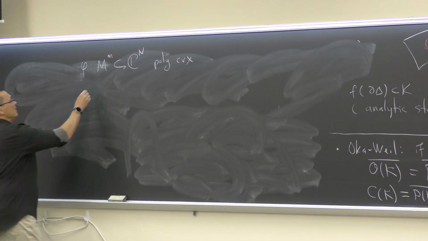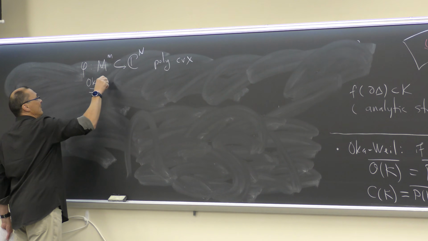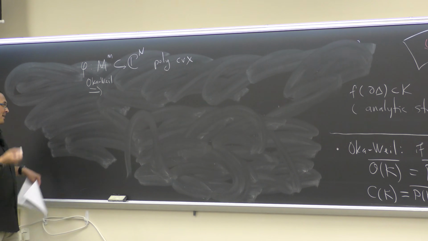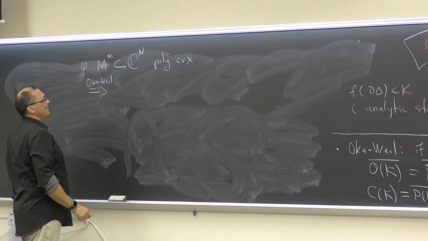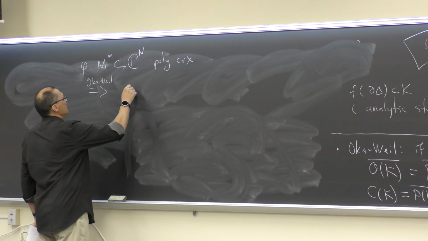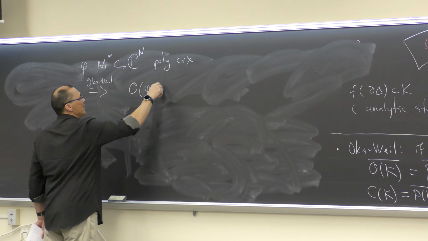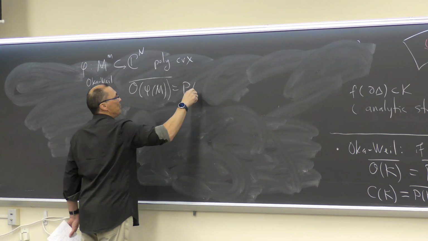Then by Oka-Weil, holomorphic functions in a neighborhood of M can be approximated by polynomials.